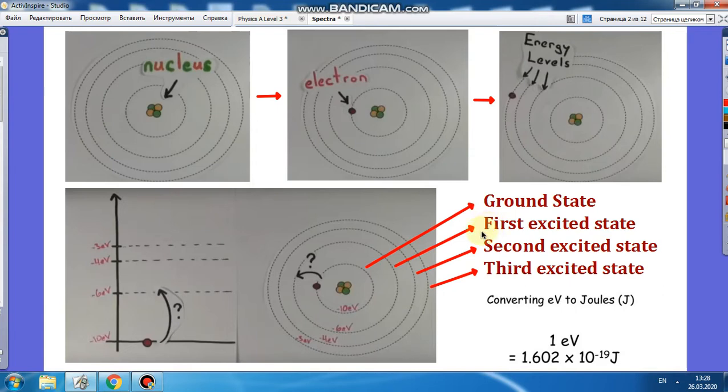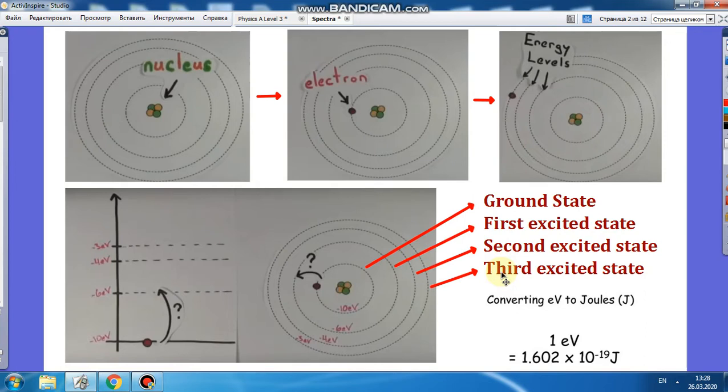This is also called excitation. For this electron, 4 electron volt must be absorbed to move to the first excited state. If it absorbs 6 electron volt, it moves from the ground state to the second excited state. If it takes 1 more electron volt, it moves to the third excited state.